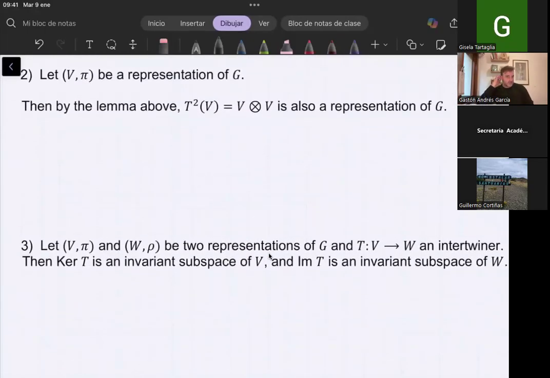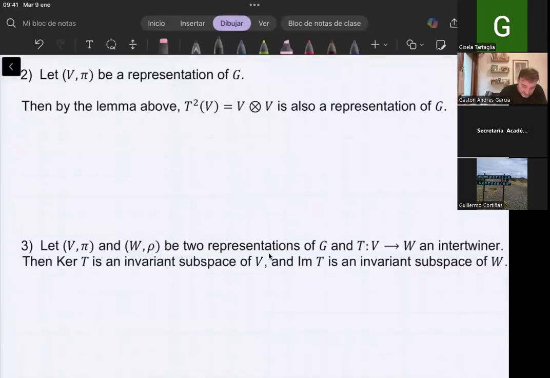Okay, as I told you, we're going to play a lot with tensor products. Why? Because we can get a lot of representations by just having one representation. So given one representation V, we can tensor it with itself, and by the lemma above, we have another representation, V tensor V. V tensor V has two sub-representations inside.